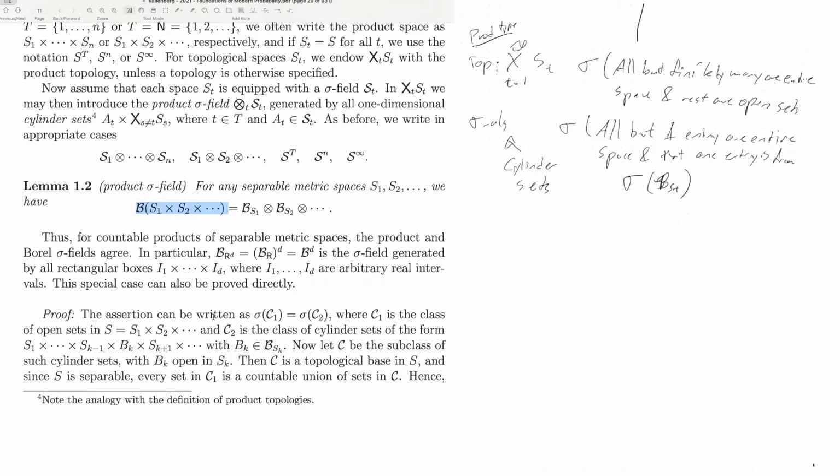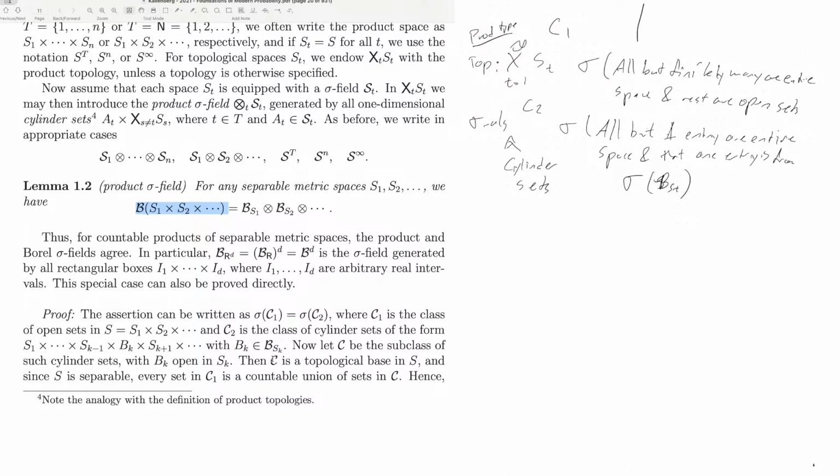C1 is a class of open sets. This is C1. This is C2, just to keep these. So C1 is the Borel set of the topological product. C2 is the sigma field product of Borel sigma algebras. Okay. So this is all fine.